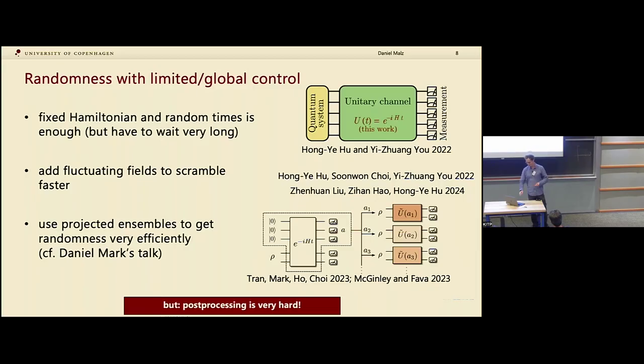What I'm going to talk about next, our proposal, is inspired by these approaches but takes slightly different twists to hopefully get the experimentally easiest and numerically easiest protocol.